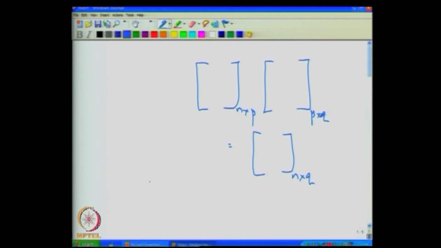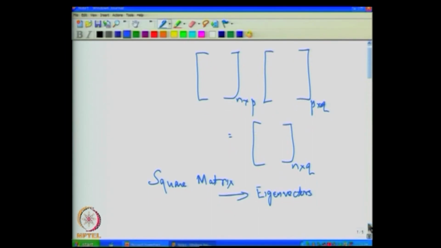The concept of eigenvectors is closely associated with the matrix multiplication. We say for a square matrix, that is if you have a n by n matrix, it can have eigenvectors. So, the eigenvectors are defined essentially for square matrix, and not all square matrices can have eigenvectors.